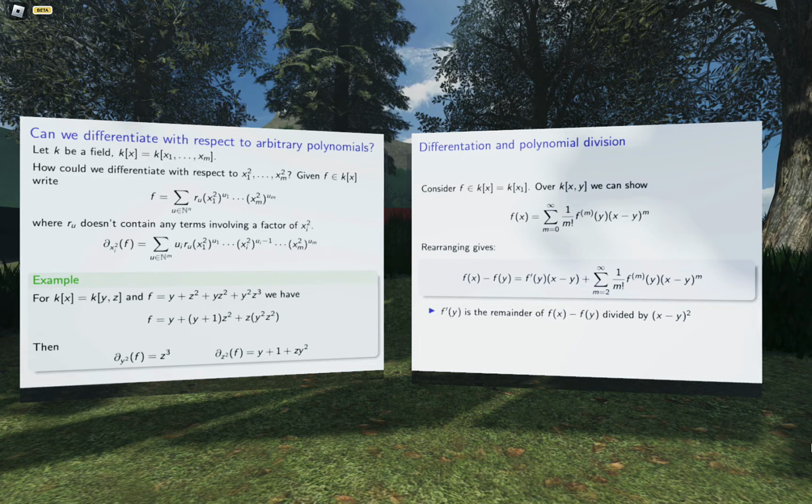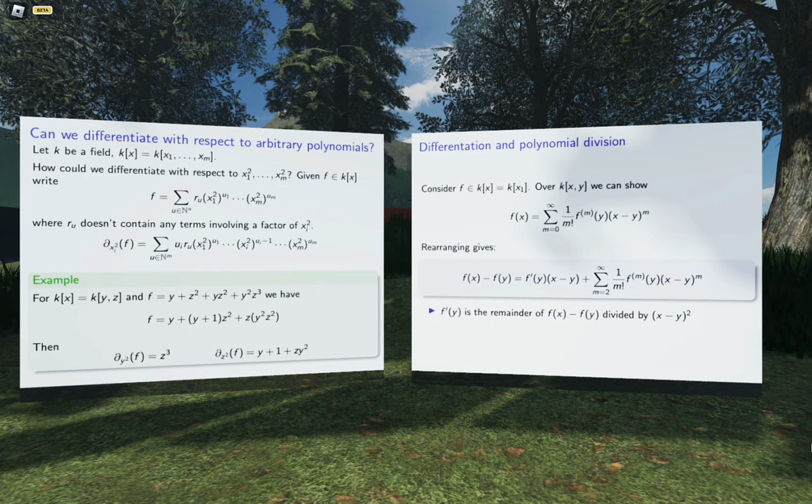Under this quasi-definition, the differential of f with respect to y squared would be z cubed, and the differential of f with respect to z squared would be y plus 1 plus zy squared. Okay? So the question is, of course, how do we actually generalize this and make sure that this is a definition that is well defined and makes sense?